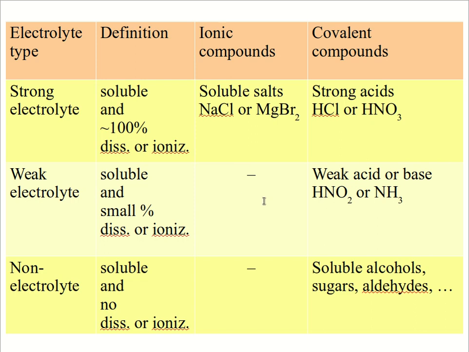It's important. Then on the covalent column, we can have that, right? Because those are molecules, and it's rare for molecules to split into ions. There were just 6 that did it really strongly, but there's a bunch of them that do it to some percentage, not a big percentage, but a few percent. And those are the weak acids and the weak bases. So HNO2 is a weak acid because it's not one of my 6 strong acids.